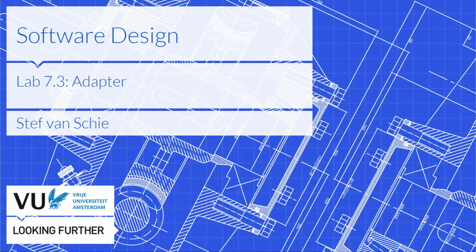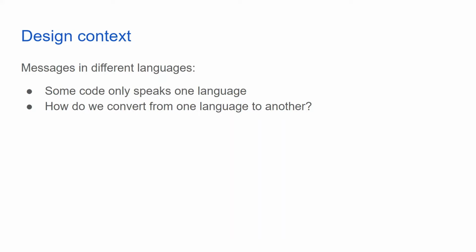We're at lab 7.3 now and we'll be talking about the adapter design pattern. So let's look at the design context. You might imagine having an application in which you get different messages in different languages. However, some code may only speak one language. You might, for example, model a person that only speaks English and doesn't understand other languages.